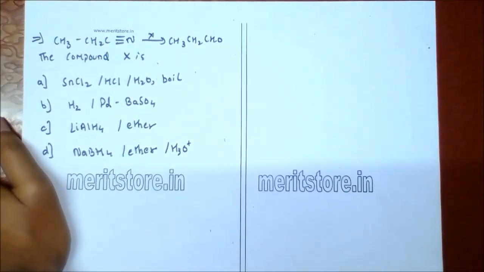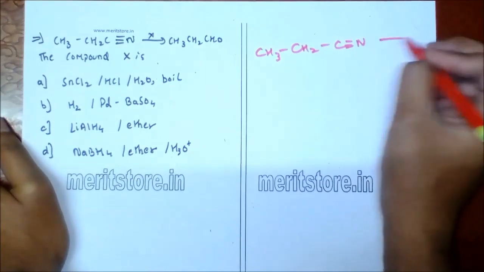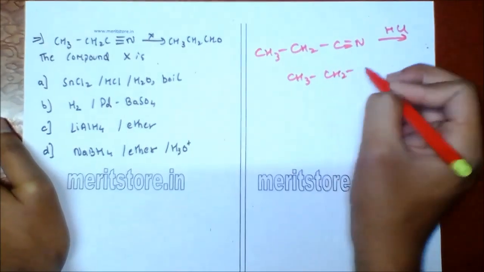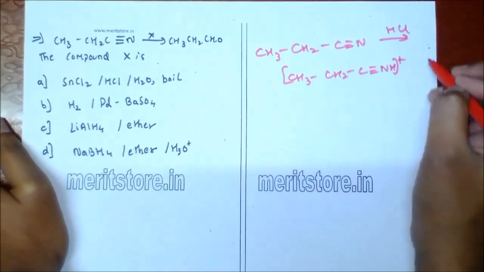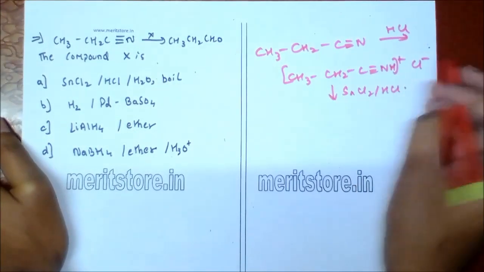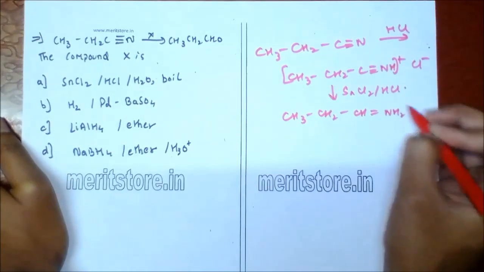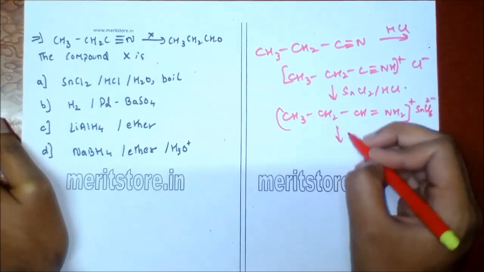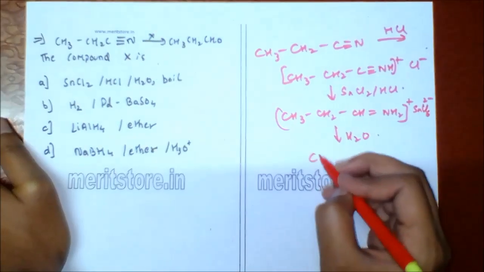It is a Stephen reaction in which CH3CH2C triple bond N in presence of HCl will give CH3CH2C triple bond NH plus Cl minus, which on further reaction with SnCl2 in HCl will give CH3CH2CH=NH2 plus SnCl6 2 minus, which on boiling and hydration will give propanaldehyde.